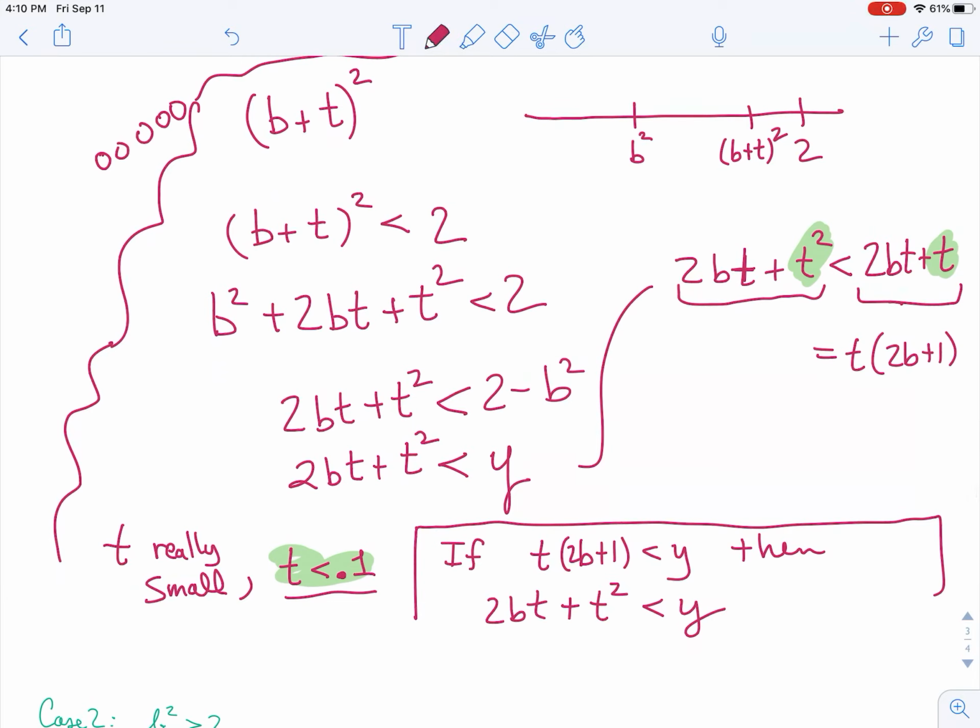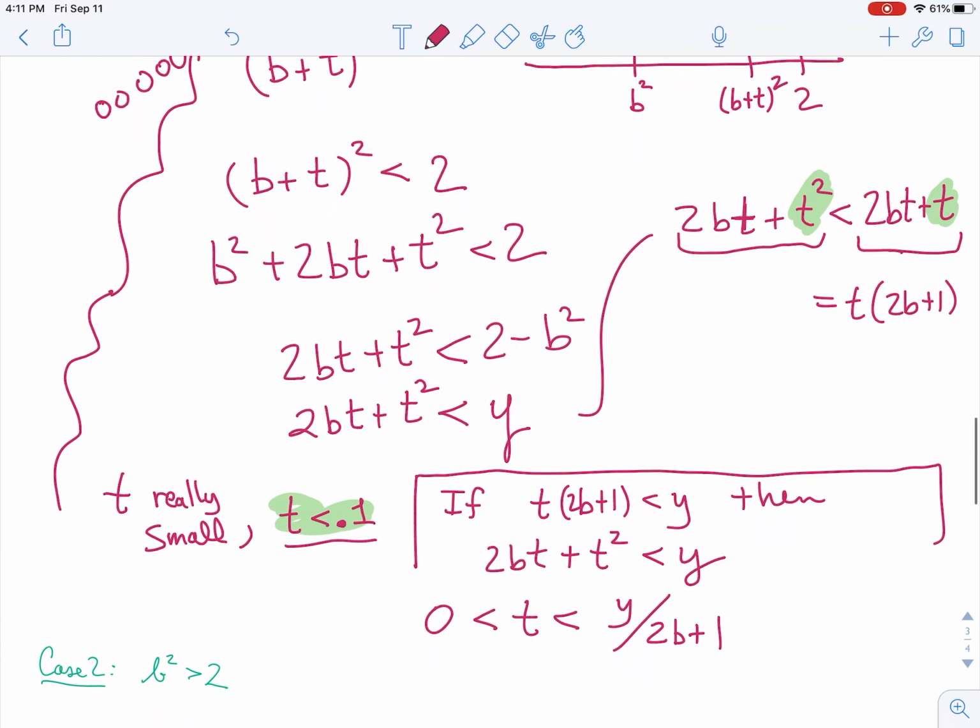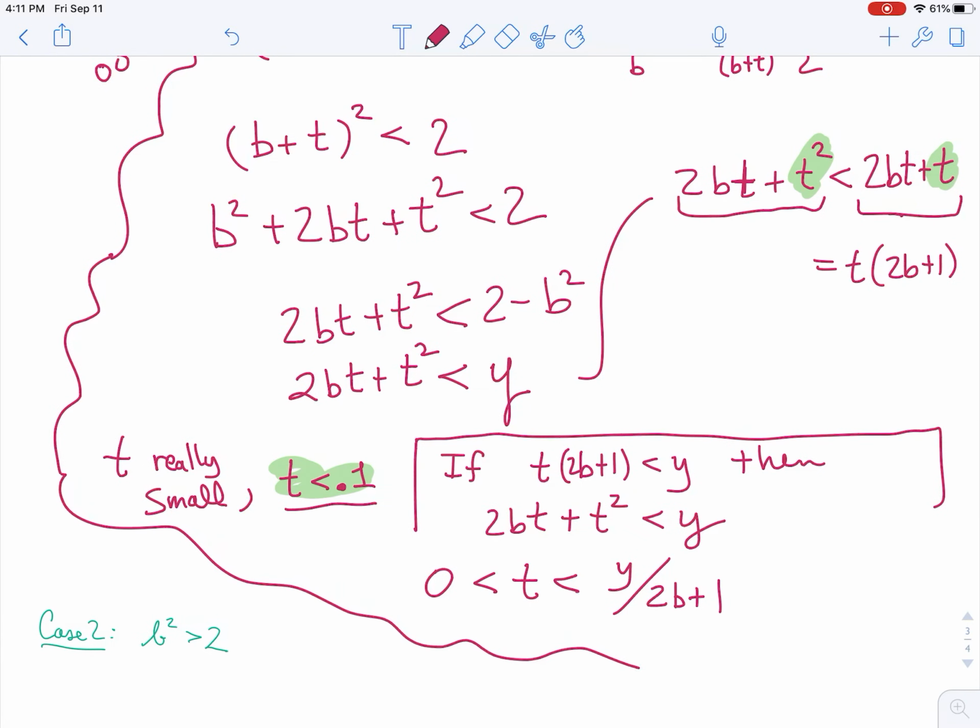And so how can I achieve that? Well, I can just take t to be smaller than y over 2b plus 1. Right. So I can take t to be any number. I want t to be positive. And so I can take t to be any number smaller than that.